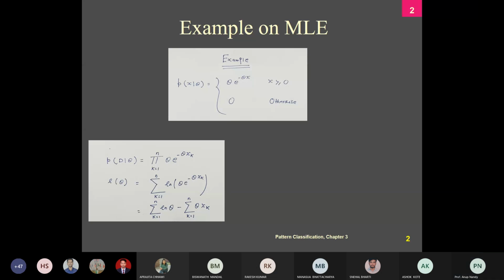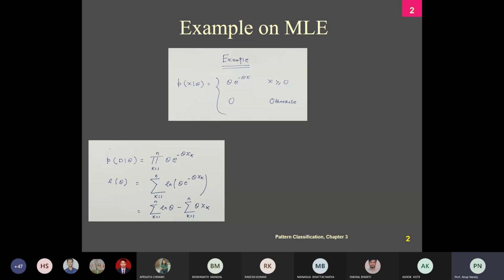Anyone, what will be the value of theta? Theta hat, what will it be? Theta hat is the estimated parameter. Theta hat is equal to what? You just do the differentiation with respect to theta and equate to 0, then you will have the theta hat.